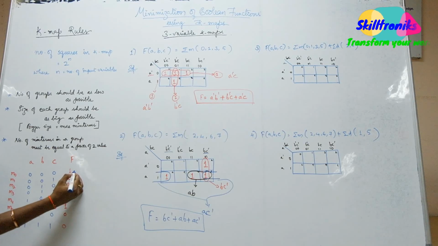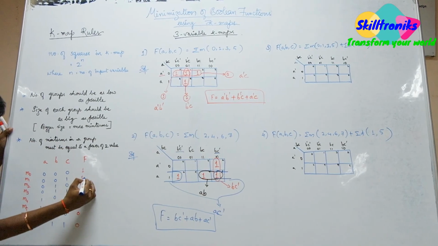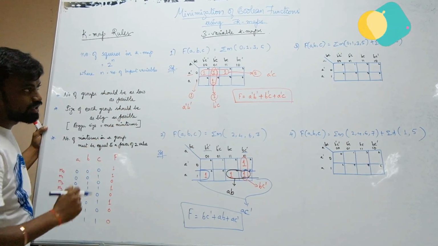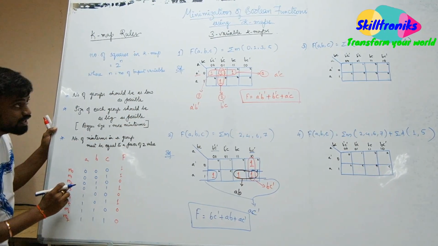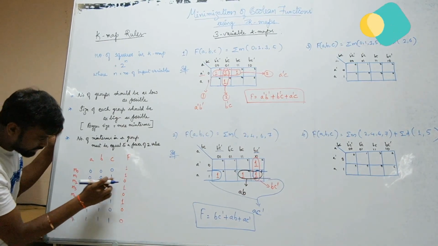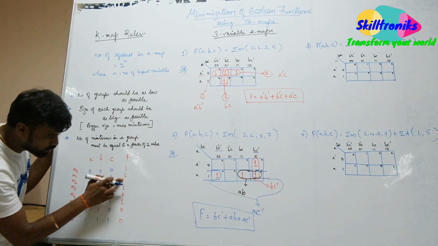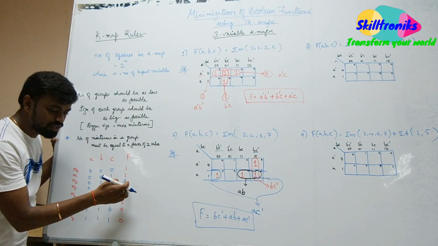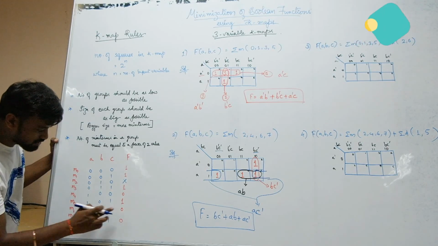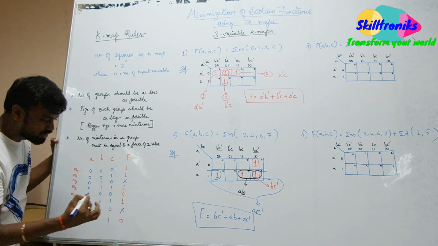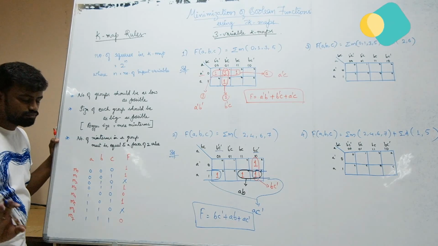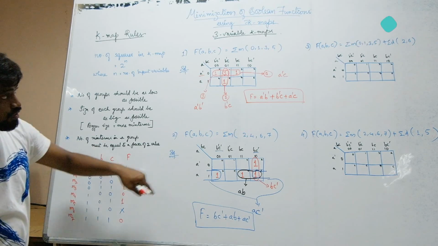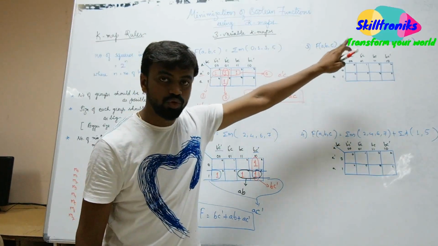Earlier our function was carrying four minterms 0, 1, 3, 5, and now you are having two don't care minterms, those are M2 and M6. So at the place of M2, instead of writing 0, you should write a don't care, and don't care is always represented with a cross mark, and M6 also should be represented with a cross mark. This is a truth table representation of the given canonical Boolean function with don't care minterms.